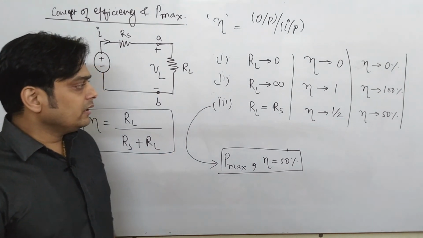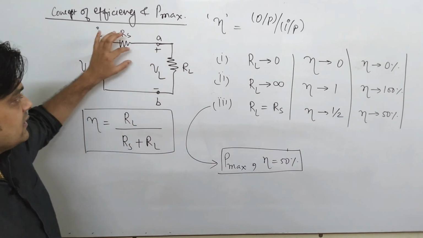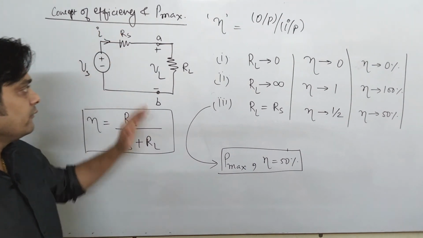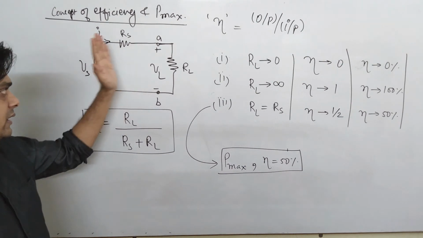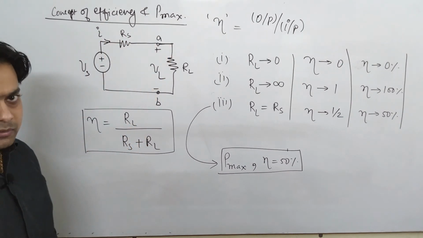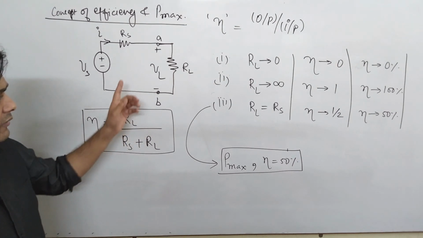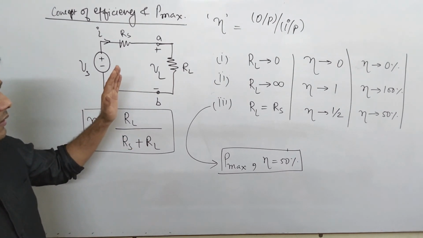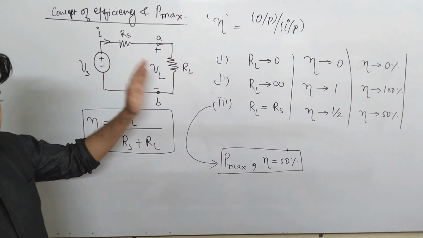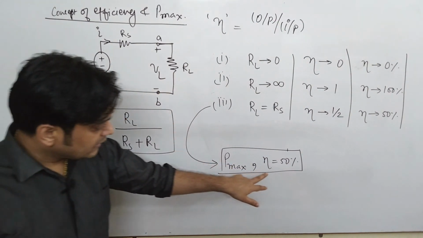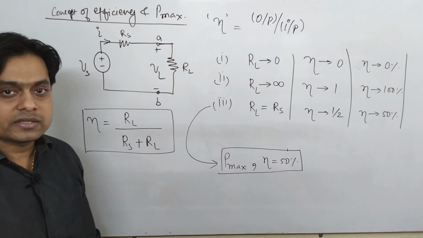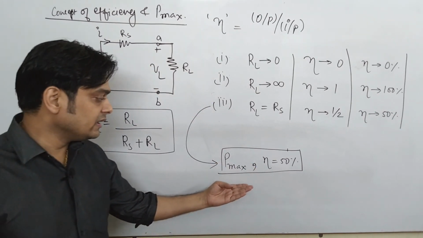We know that when the load resistance becomes equal to the source resistance, maximum power transfer occurs from the network to the load. We have seen this in our maximum power transfer theorem. What I want to explain here is that maximum power in a network does not imply that your efficiency is also maximized.